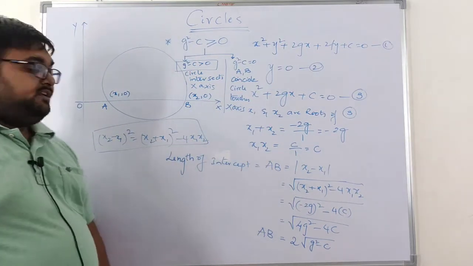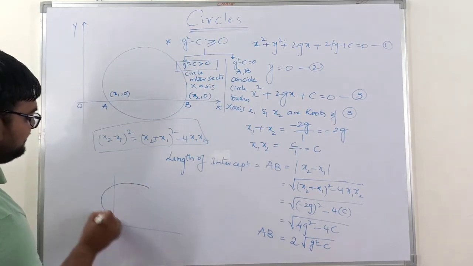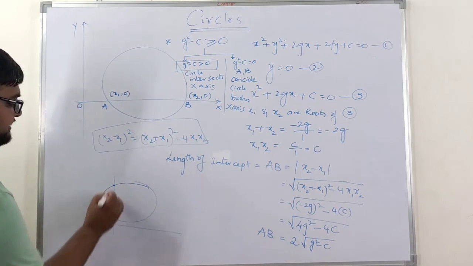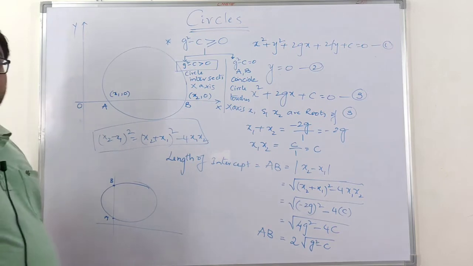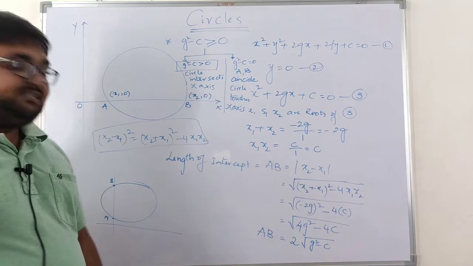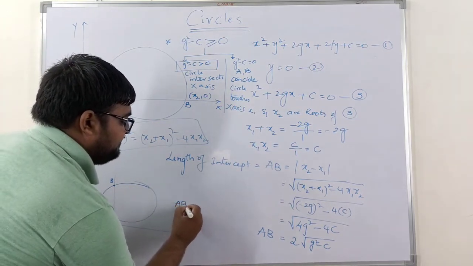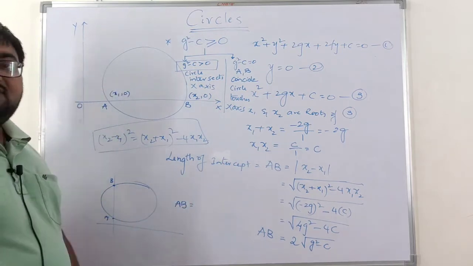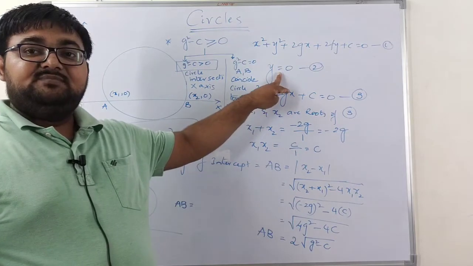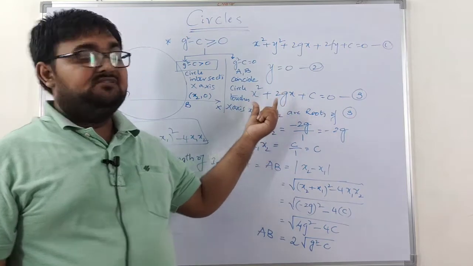The same way, if we go with the y axis, suppose this is my circle which is intersecting the y axis at 2 points A and B. Since we are dealing with the y axis, the same process applies. The equation of the y axis means x is equal to 0, so we lose the x terms.